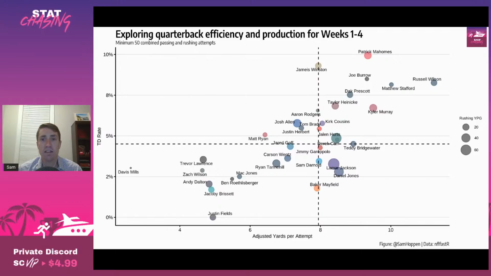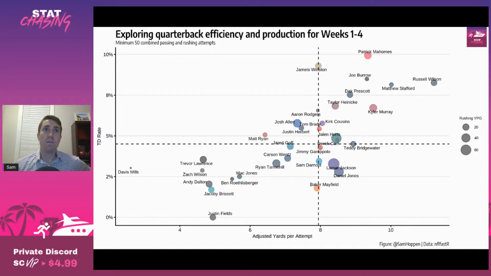Some quarterbacks can get there from their play volume, but as you'll hear me talk about throughout this episode, a lot of the quarterbacks up on the top right are not necessarily throwing the ball a ton, but they've had some extreme efficiency so far this season. The first guy I'm going to talk about actually doesn't show up on the top right, and that's Daniel Jones.